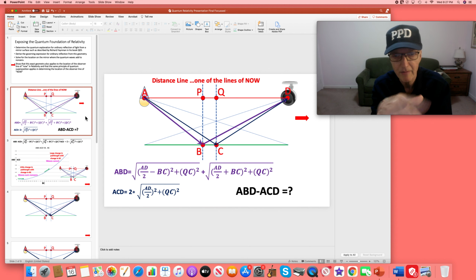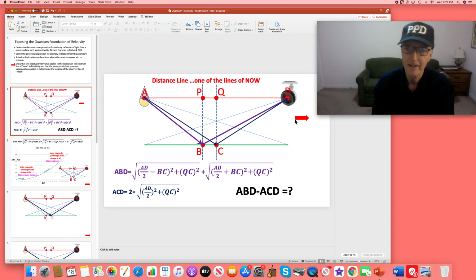See these expressions on the bottom. We want to answer the question, what is ABD, the purple direction? That purple line there is a length, right? What's ABD minus ACD?